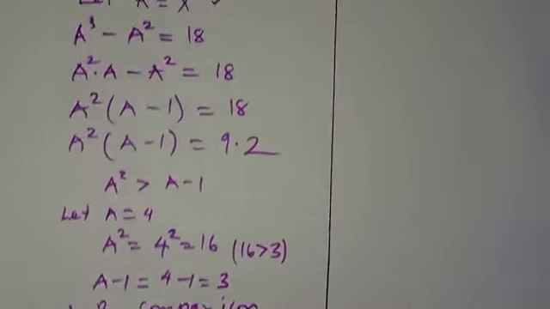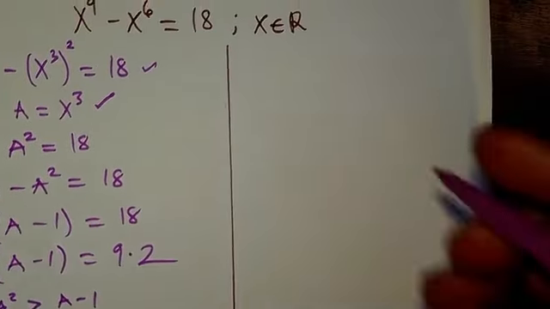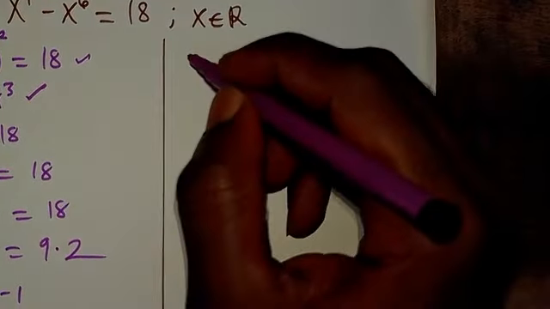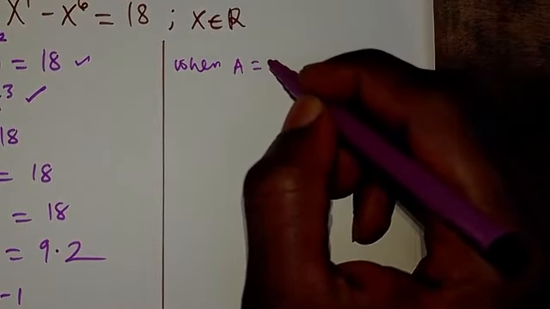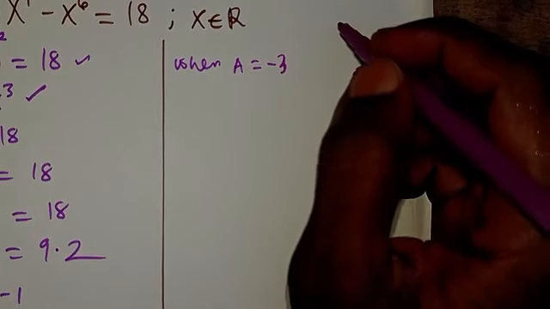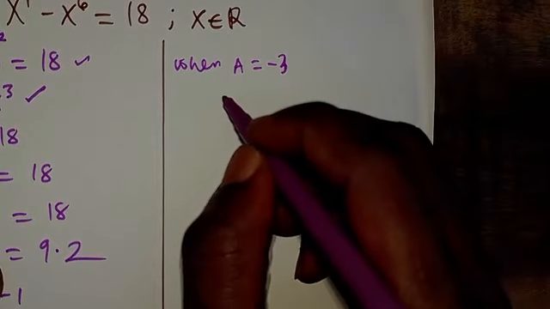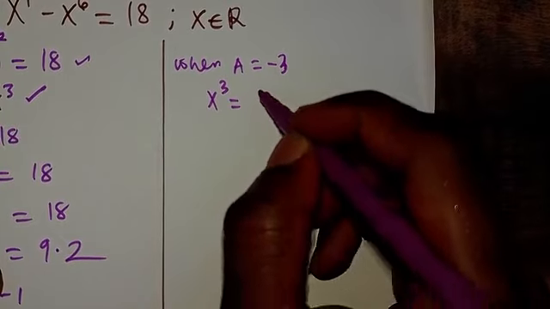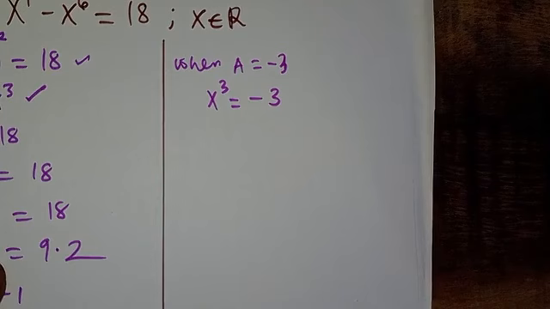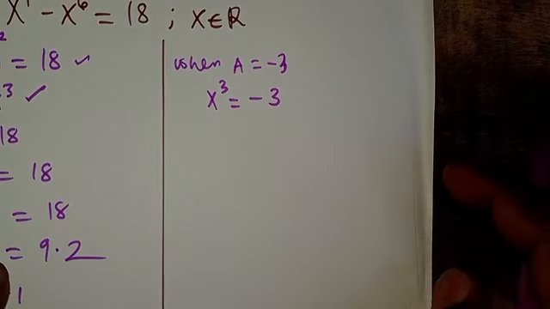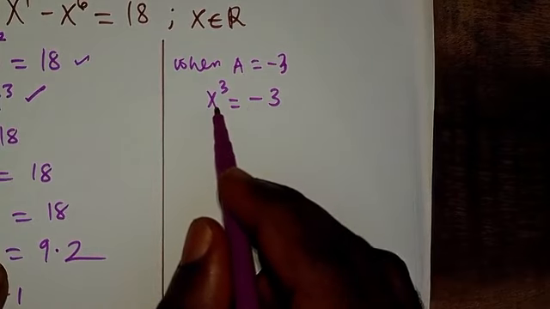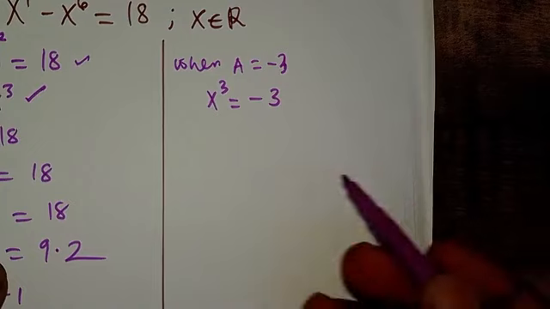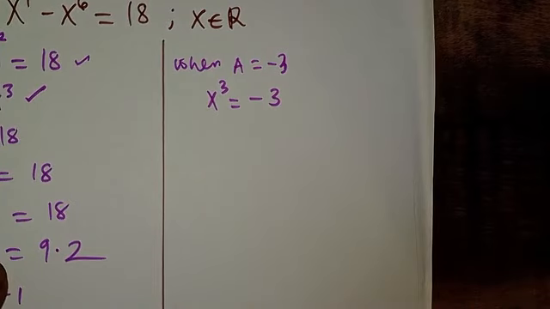Then let's check for the other one, when a equals minus 3. What are you going to get? You're going to have x to the power 3 equals minus 3. Do you understand? The cube of a number can actually give us a negative, so that's not a problem there.